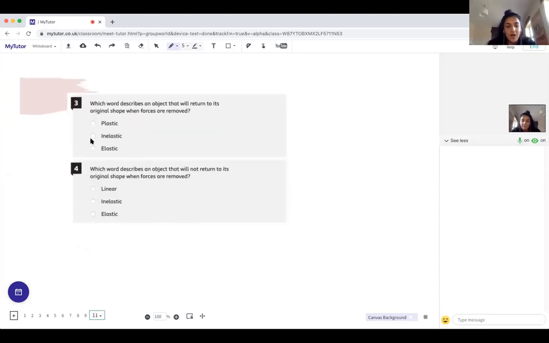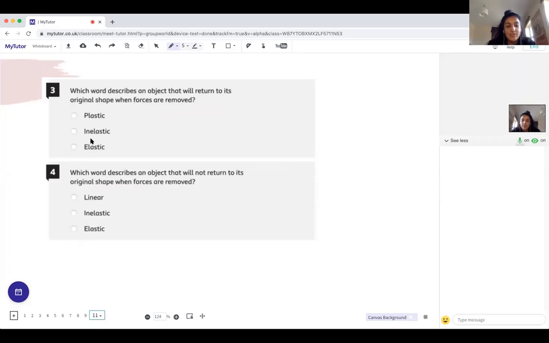Which word describes an object that will return to its original shape when forces are removed? Great, loads of you are putting elastic in, that's the correct answer. And what about number 4?